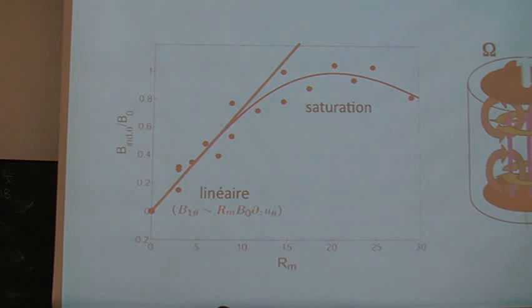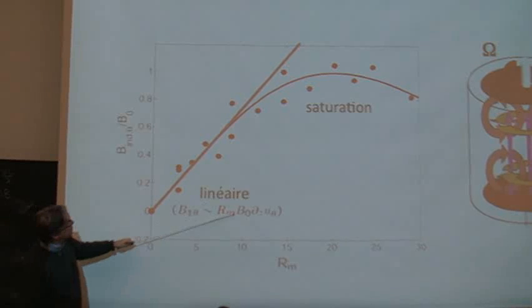In these experiments, in what I'll describe when I do inductions in liquid metals, u is fixed. The interaction parameter is of the order of 10 to the minus 5. So the flow is, in these experiments here, the magnetic field is not acting on the flow. All right, there's no change in the flow.